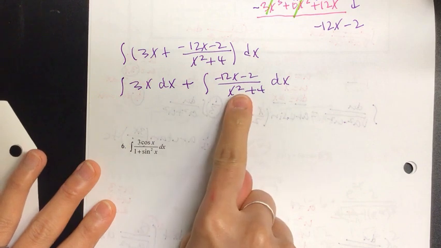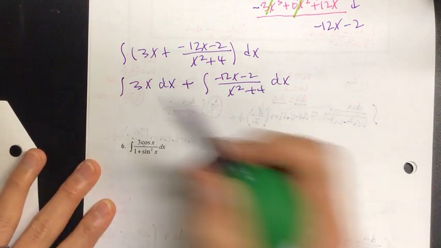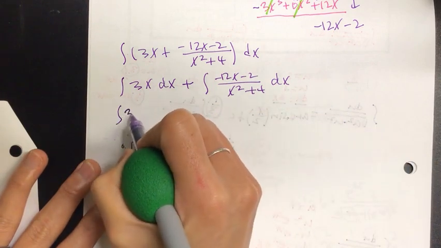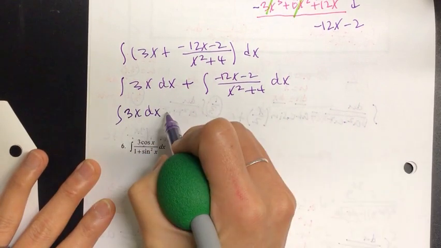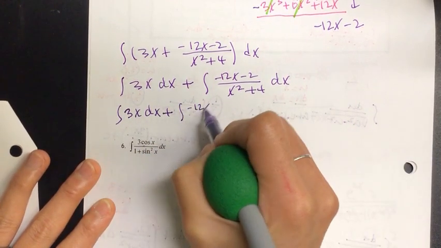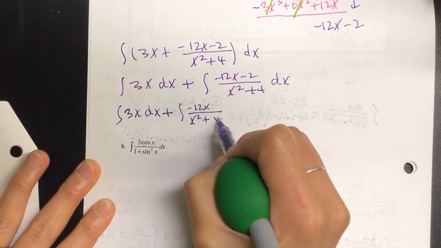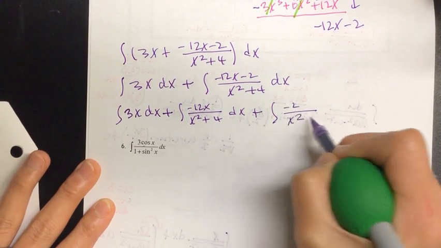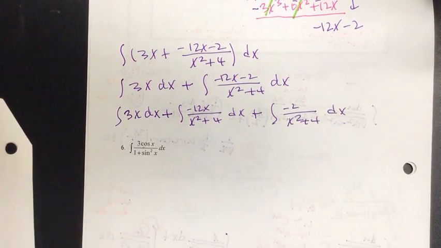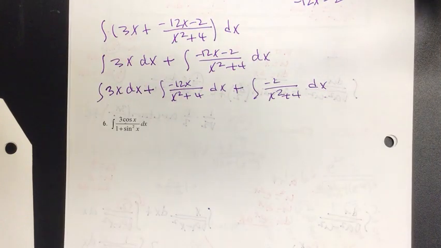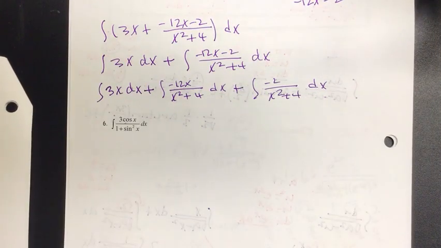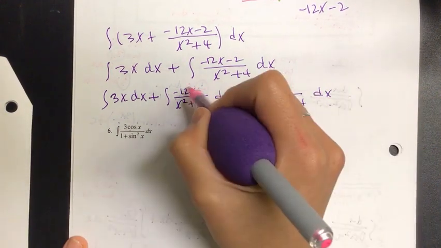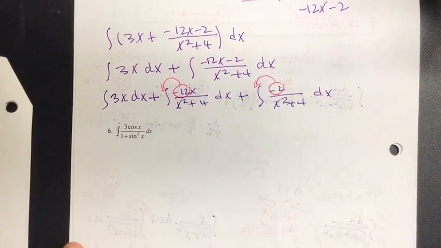Can I split this one into two different equations? X plus 2. Uh-huh. So I know I'm going to leave the first one alone. X plus 2. That will give us plus negative 12x with our denominator. And then our negative 2 with the denominator. What can I bring to the front just by looking at this? Can I bring this to the front before we integrate? Yeah? Yeah. But I'm going to stop right there.